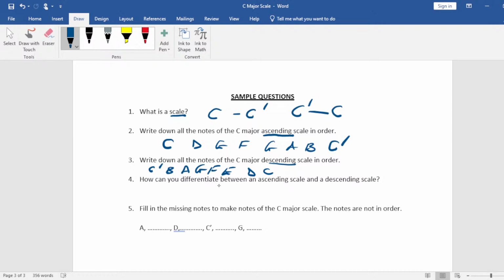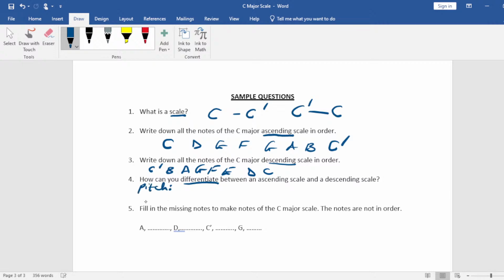How can you differentiate between an ascending scale and a descending scale? How can you know that this is an ascending scale, and how can you tell that this is a descending scale? The most important factor is looking at the changes in pitch. So changes in pitch are the most important identifiers.